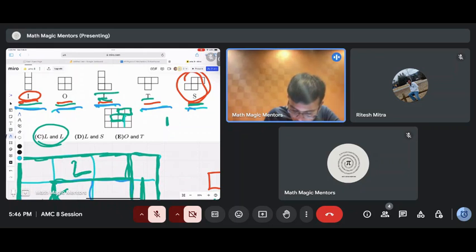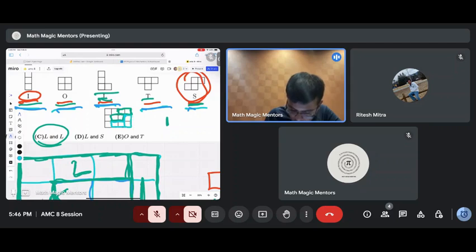So you see, this configuration is one L, or wait, yeah. My bad. I just drew the shape of the square too long.